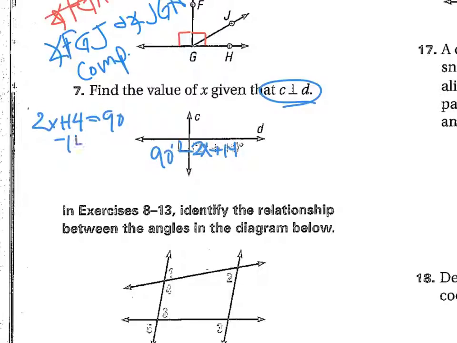Subtract 14. So you get 2x equals 86. Divide by 2. X equals 43. Or I'm sorry, I did that wrong. Back up there. Back up.